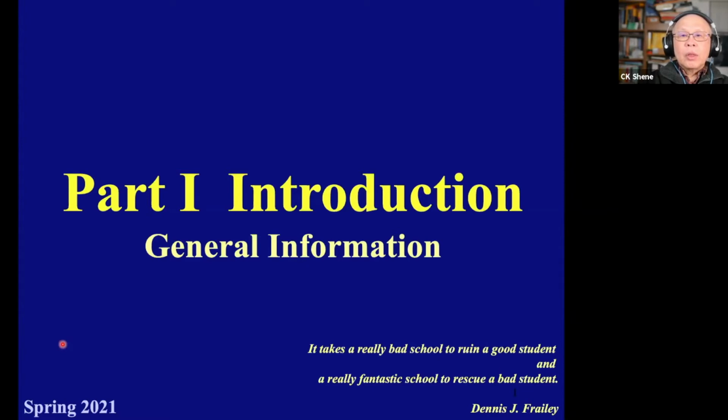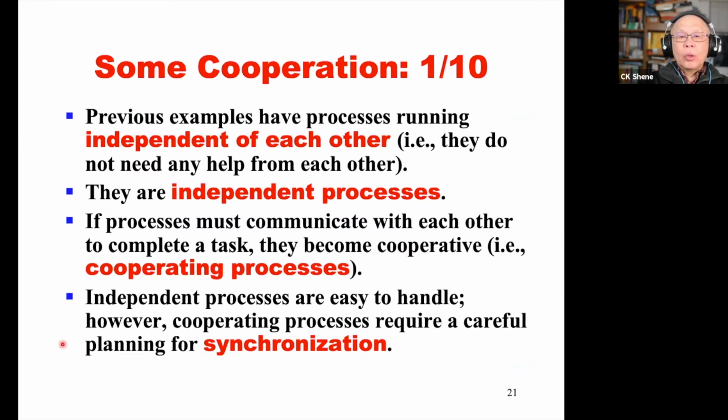So the next part is, let's do just a little bit of cooperation between two processes. All the previous examples have processes running independent of each other. They don't need any help from each other. They are the so-called independent processes.